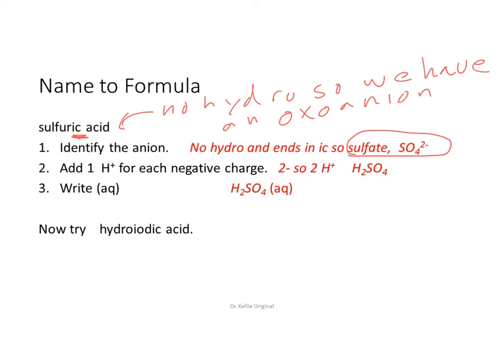And then to make the pinky out crowd happy, we have to add that phase designation, aq in parentheses. So that is sulfuric acid. And I would point out the reason I'm saying that so cynically is you'll discover your own textbook violates this aq designation rule quite a bit after this chapter. But that's just something to point out there.